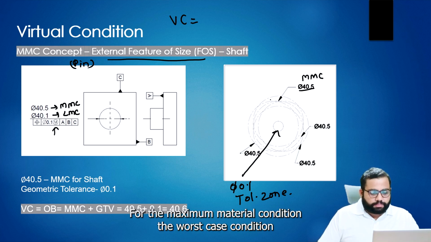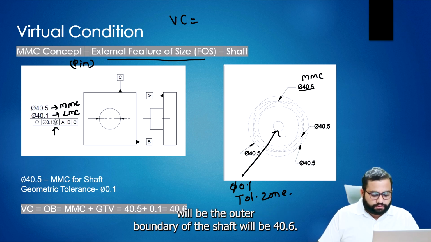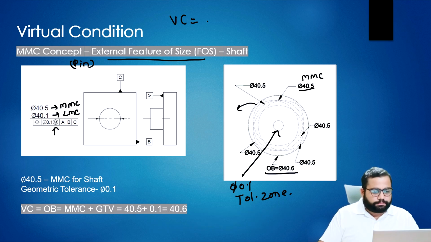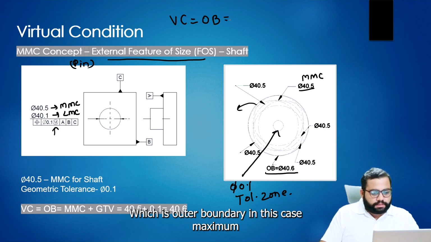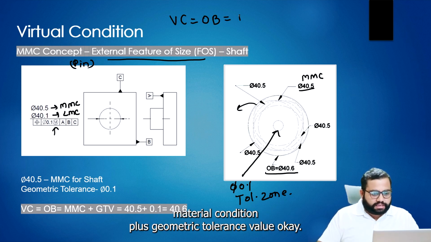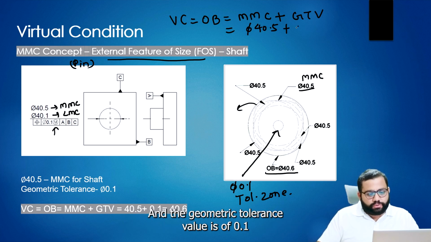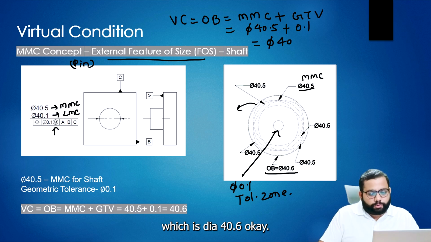For the maximum material condition, the worst case condition will be the outer boundary of the shaft, which is 40.6. This green circle is showing the outer boundary of this shaft. In this case, it is maximum material condition plus the geometric tolerance value. Maximum material condition is 40.5 and the geometric tolerance value is 0.1, which gives dia 40.6.